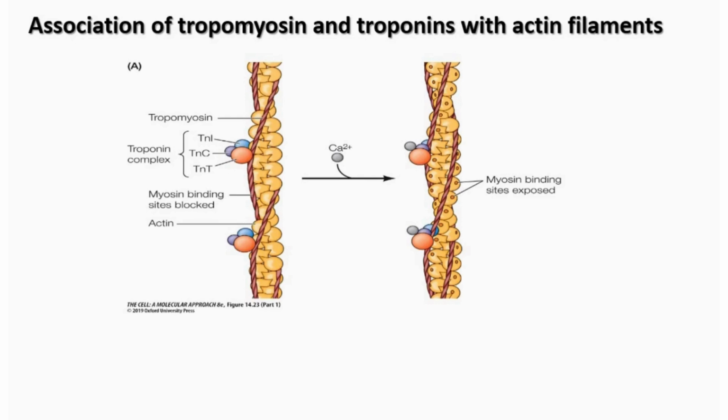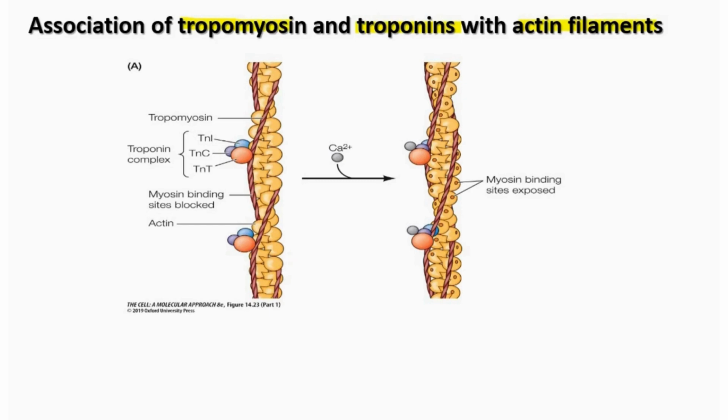At the very outset, let's understand the association of tropomyosin with that of troponins and actin filaments. Let's understand the color coding first. The actin filaments are shown in yellow.